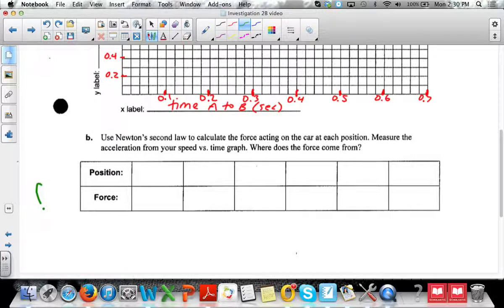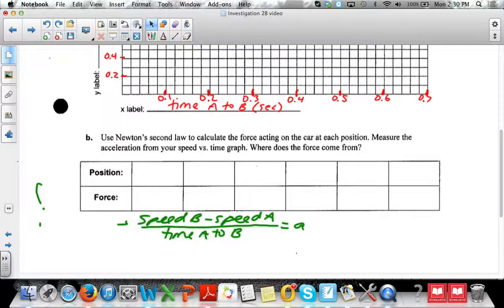You want to do speed B minus speed A divided by the time A to B. This is going to be your acceleration. Once you have your acceleration, then you can do what they said in the instructions and use Newton's second law. So that's F equals ma. Use F equals ma.